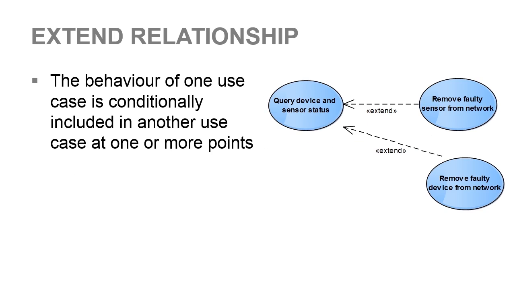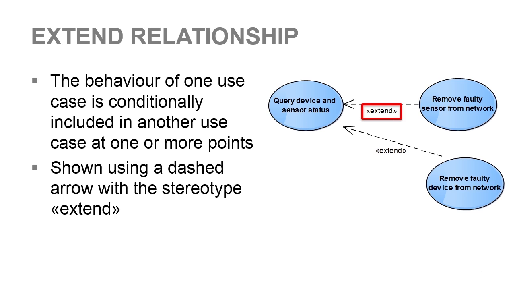The extend relationship also allows behavior of one use case to become part of another, but in this case, the additional behavior is optional and is dependent on some condition being true. It can also take place at multiple points in the flow of the use case that's being extended. The notation is a dashed arrow with an open-ended arrowhead and the stereotype extend alongside the arrow.